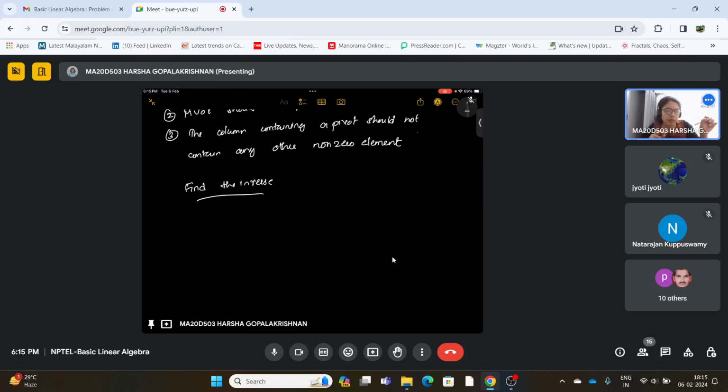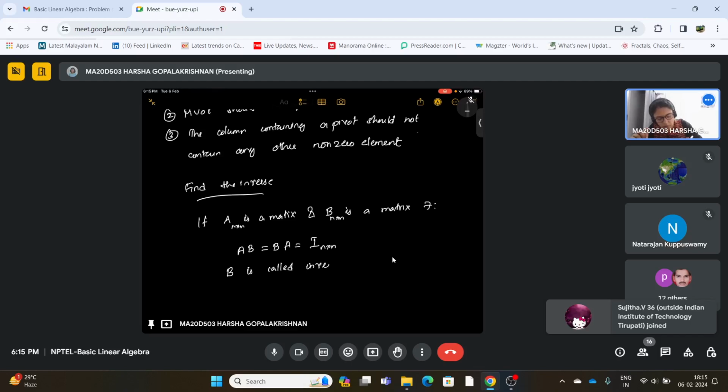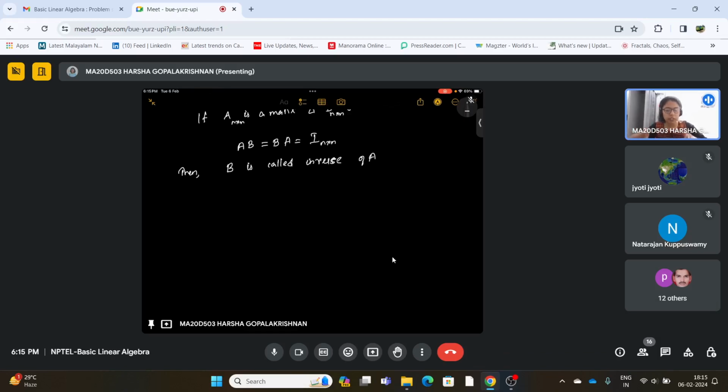Whatever the A inverse is, that is the inverse of A. If A is a matrix and B is a matrix such that both are n by n matrices, inverse is defined for square matrices only, such that AB equals BA equals the identity matrix, then B is called the inverse of A.